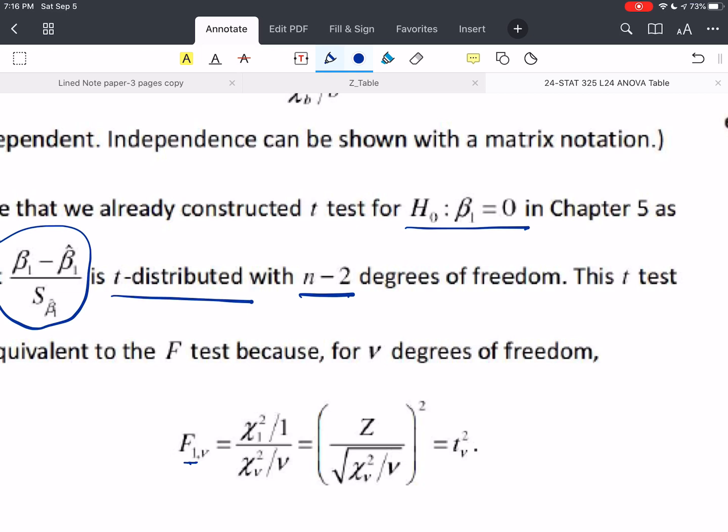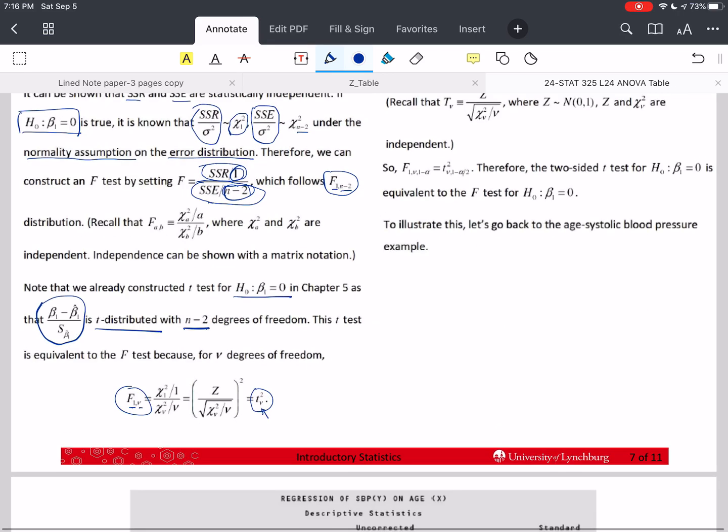As long as the numerator degree of freedom is 1, then the t squared of nu, whatever the degrees of freedom in the denominator is, if you square the t, you get an F distribution. So that relationship holds.